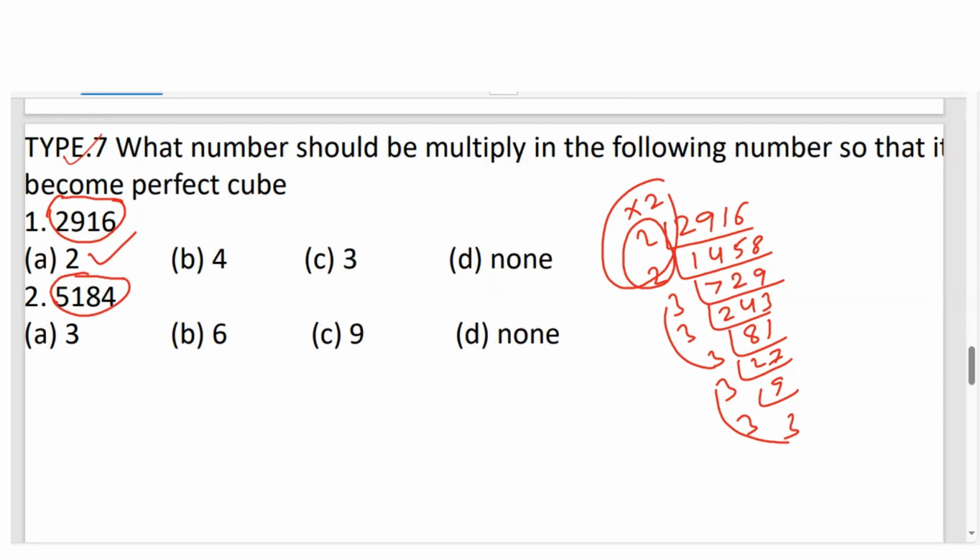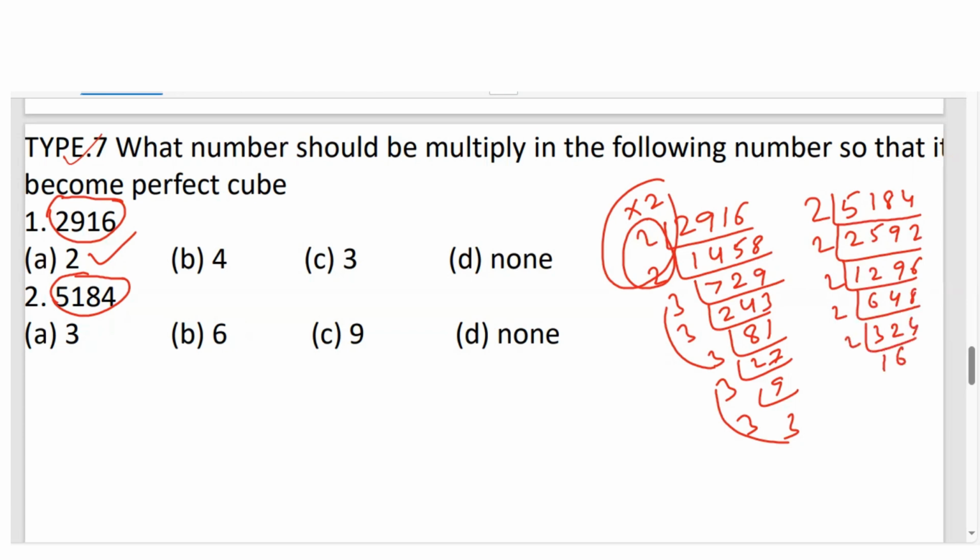For example, my number here is 5184. If we make the factors of this number: 2 twos are 4, 2 fives are 10, 2 nines are 18, 2 twos are 4, 2 ones are 2, 2 sixes are 12, 2 fours are 8, 2 eights are 16, 2 threes are 6, 2 twos are 4, 2 fours are 8, 2 ones are 2. Again, the number is 81.